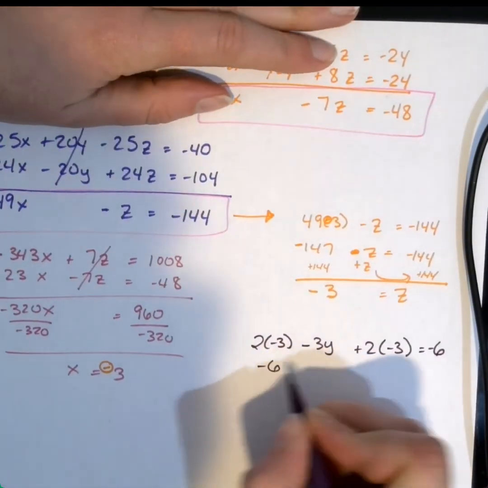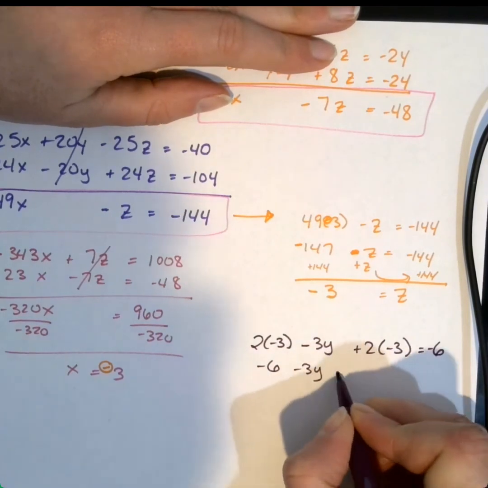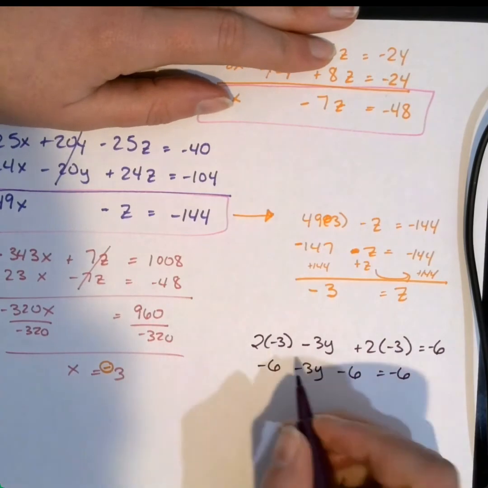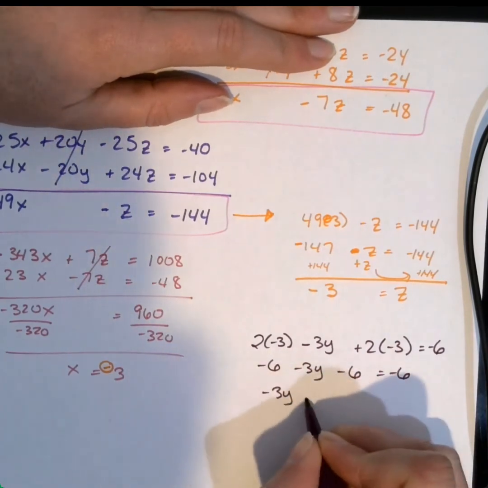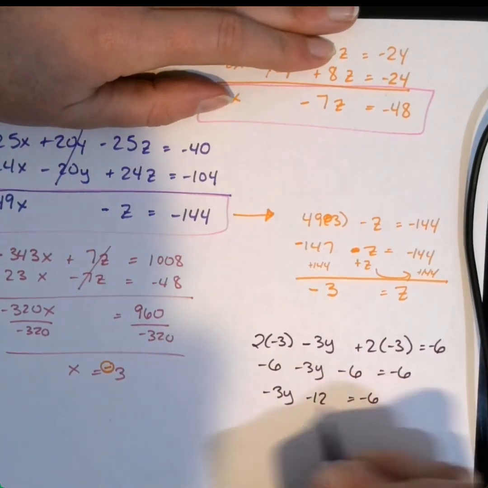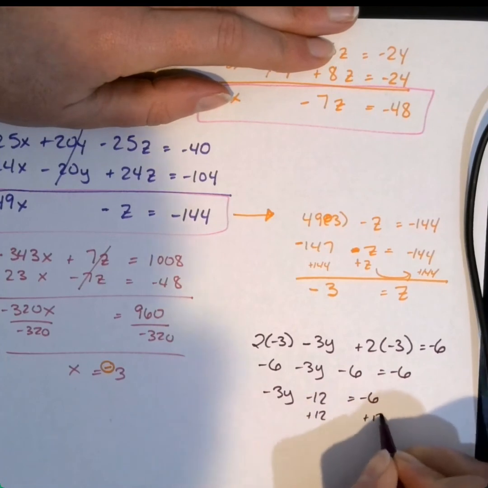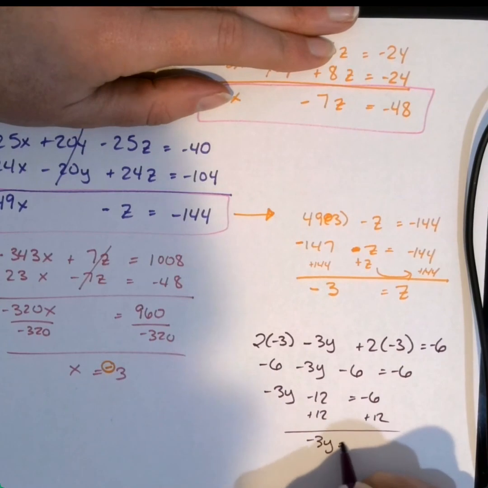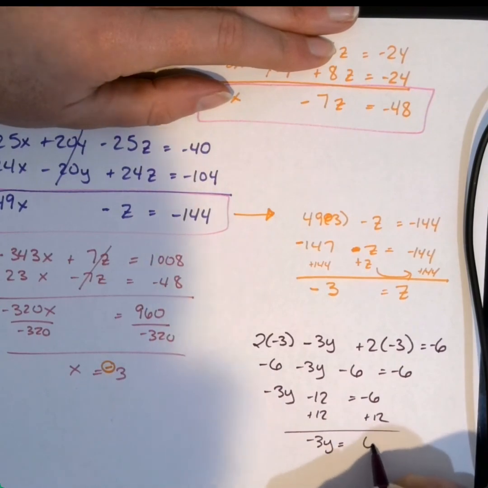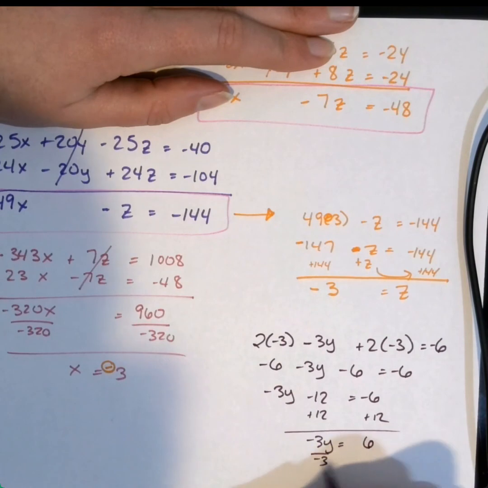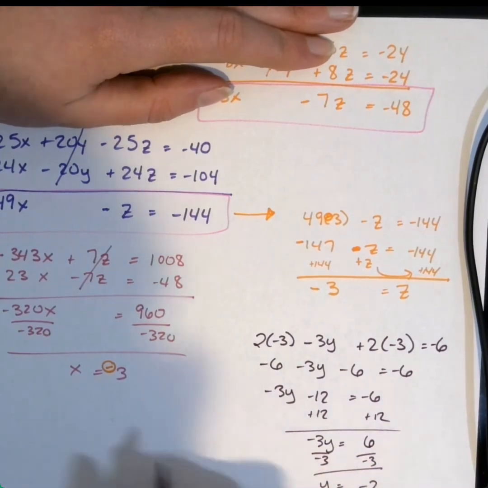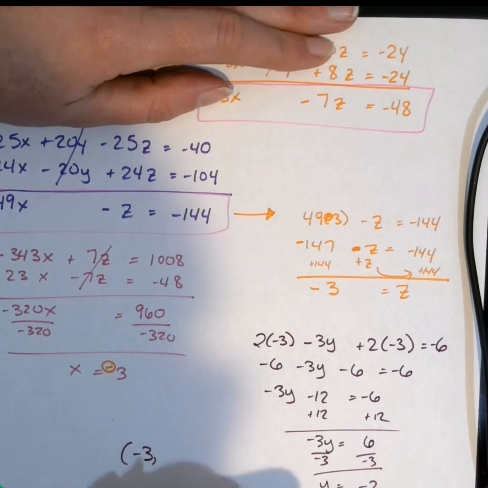So that's negative 6 minus 3y minus 6 equals negative 6. Negative 3y minus 12 equals negative 6. I can add the 12 to both sides. The 12 just came from adding up those two negative 6's. Negative 3y equals 6. And it looks like I'm going to get a negative 2 for the y value. So my solution is coming out as negative 3 for x, negative 2 for y, and negative 3 for z.